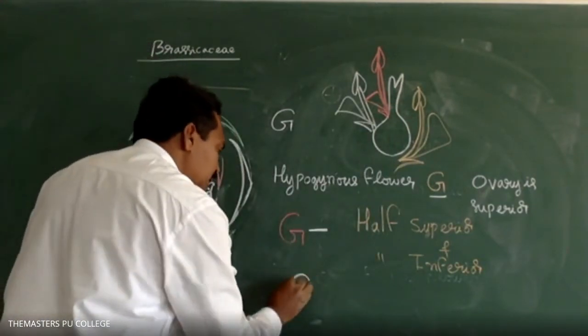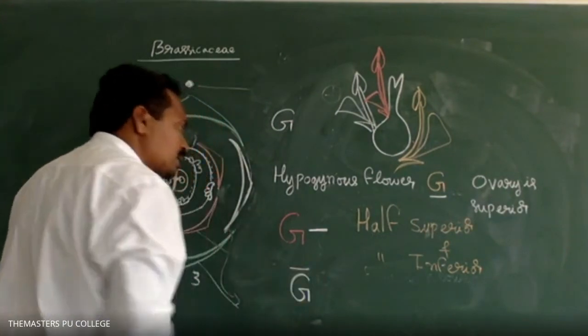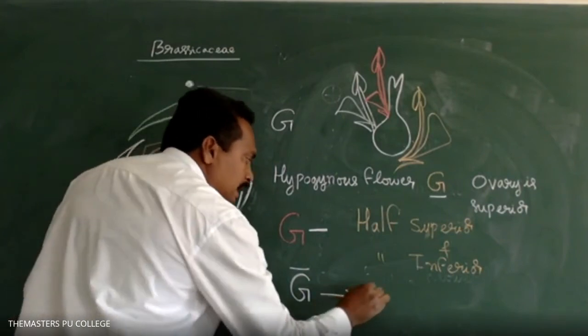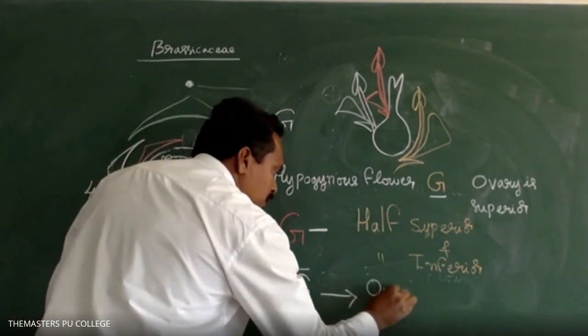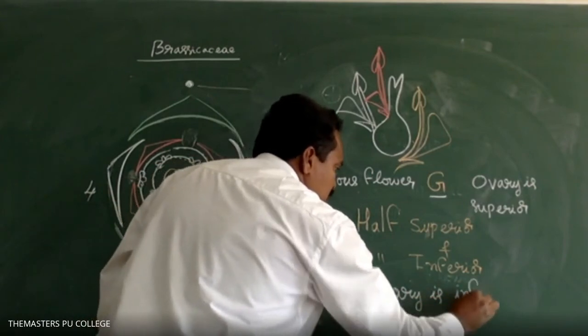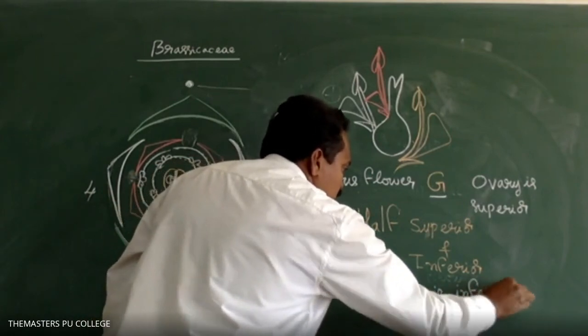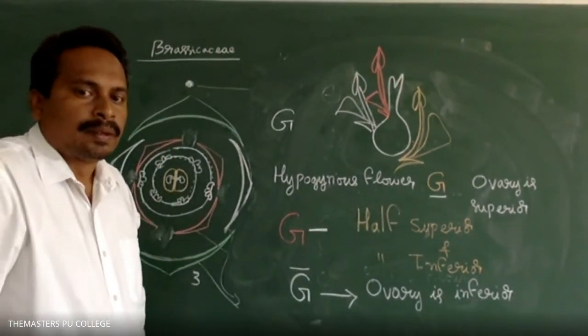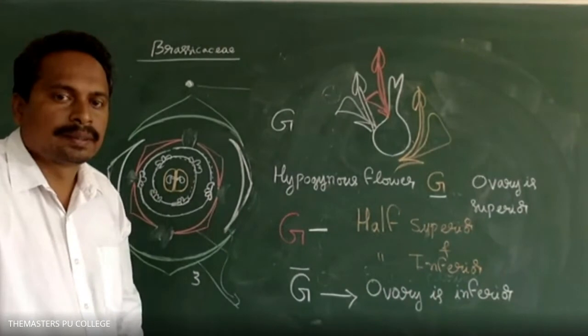So this symbol represents that the ovary is inferior. Okay, have you written? Yes, sir.